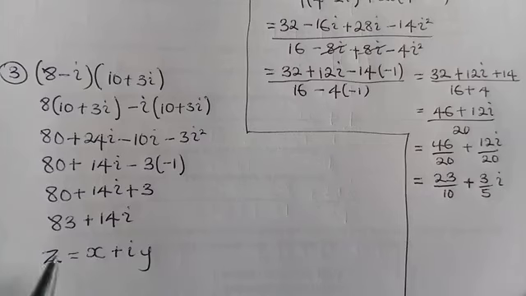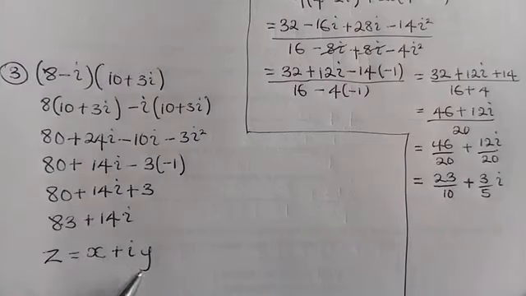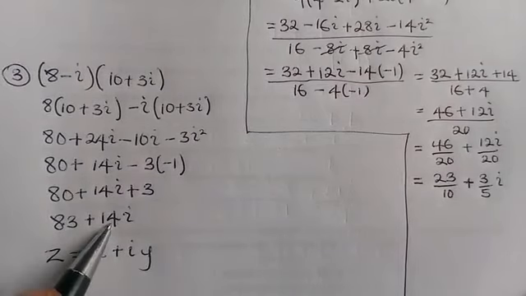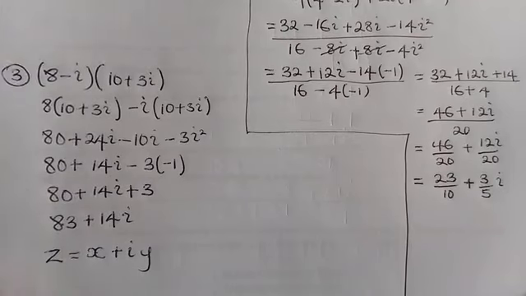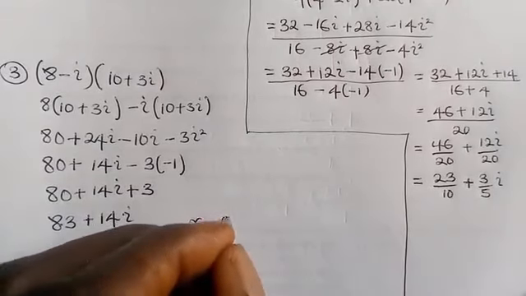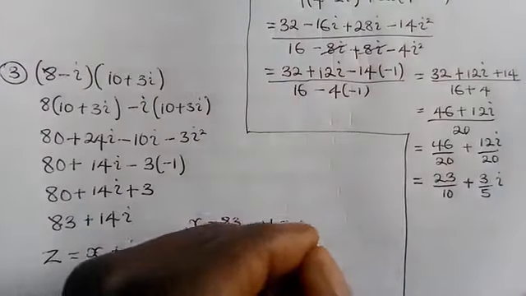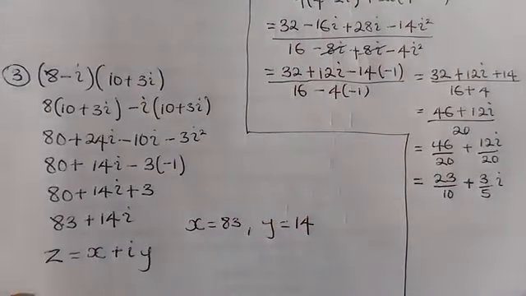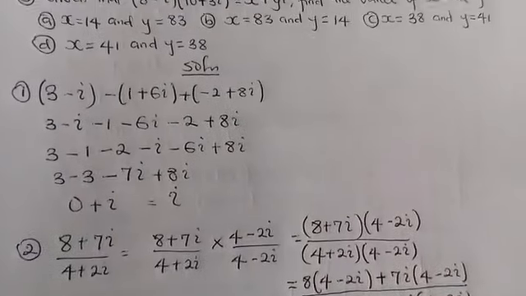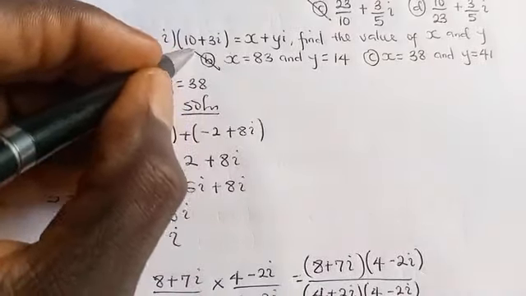So from this solution, you are seeing that the real part x is 83, while the imaginary part y is equal to 14. So based on the question we have above, x is equal to 83, while y is equal to 14. So we have here x equal to 83, y equal to 14, corresponding with option B.